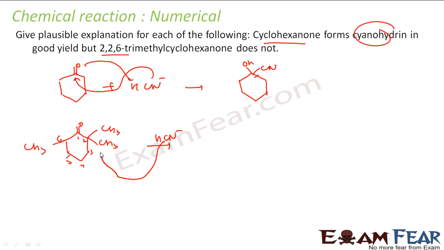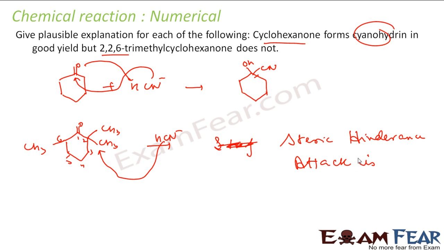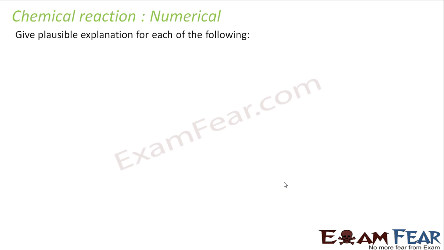Because if you see, the attack is difficult because of steric hindrance. So this is why HCN is not able to attack and cyanohydrin is not formed.